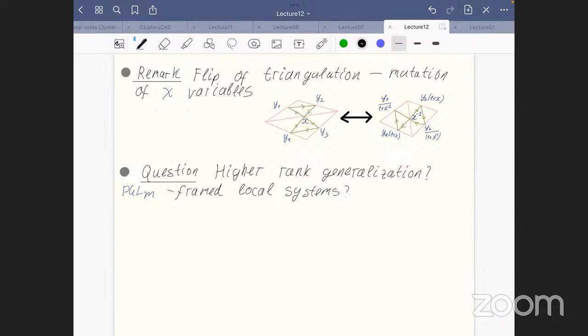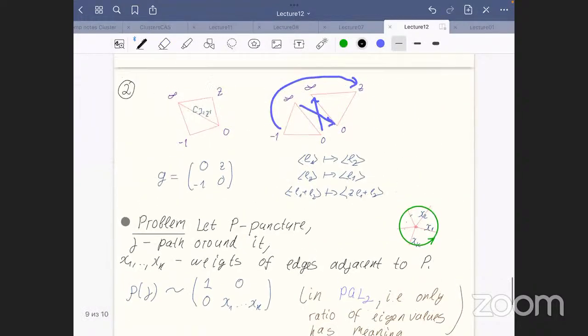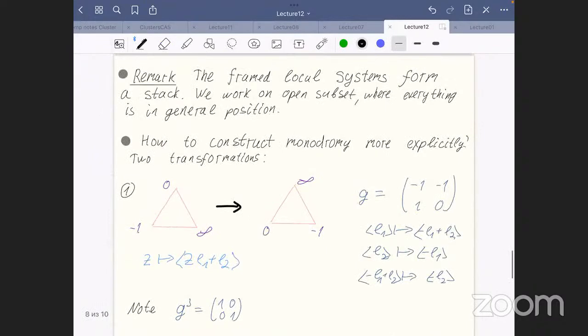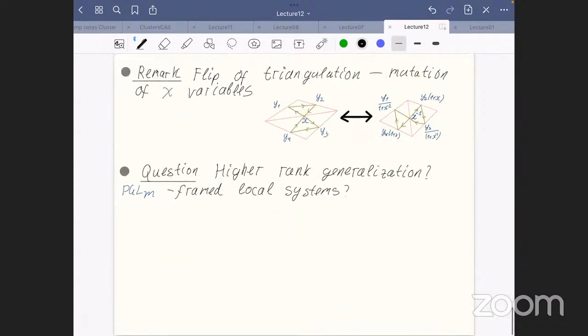And the first question is, what do we mean by frame? And partial. Here, for each puncture and marked point, I assign a line, but maybe you have heard several times that I replaced the word line with the word flag.